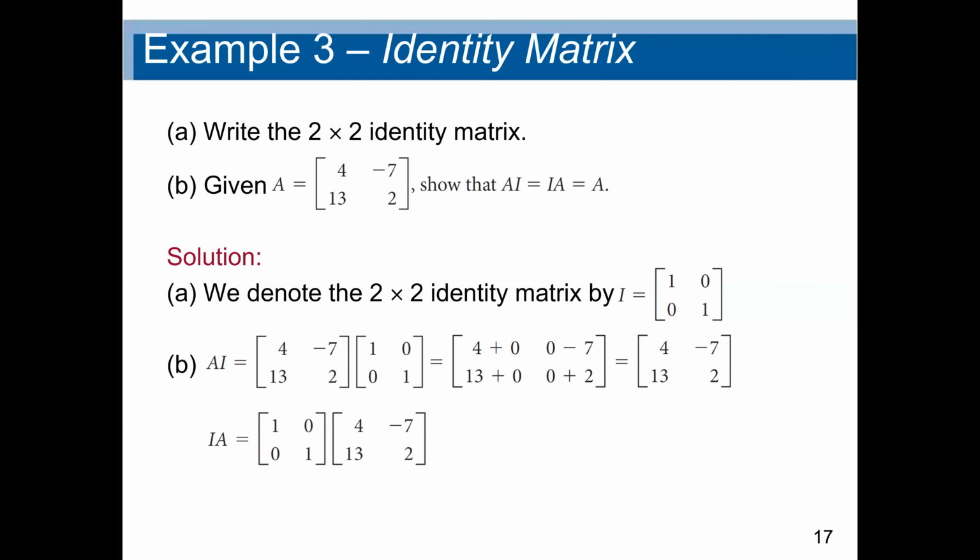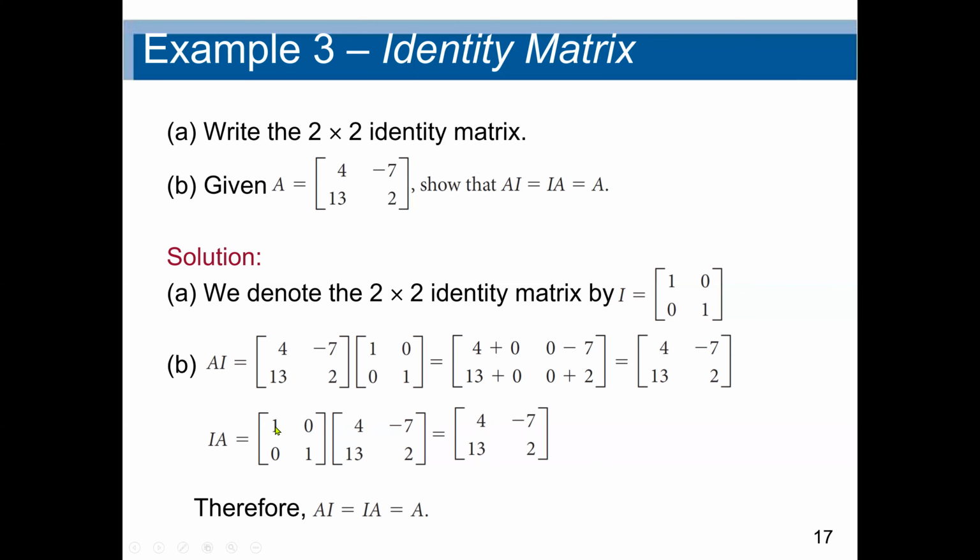Now let's see the other one, IA. So now I is in the front. So we multiply the first row with the first column: 1 times 4 is 4, 0 times 13 is 0, so we get only 4. Then 0 times 4 is 0 and 1 times 13, so we get 13. That's correct.